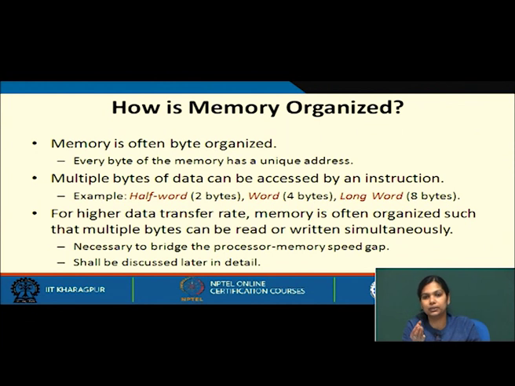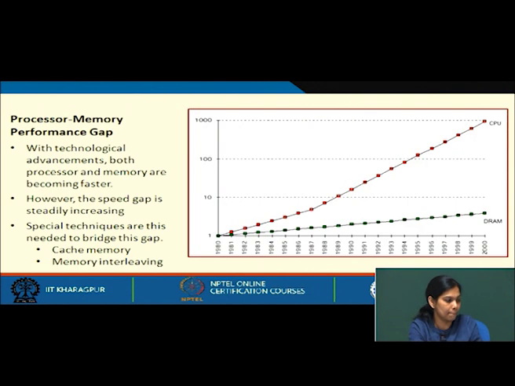As you know, processor speed is increasing and memory speed is also increasing, but not at the pace at which processor speed is increasing. This picture will show you the processor-memory performance gap.